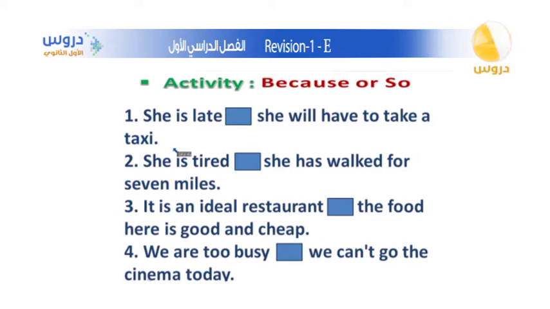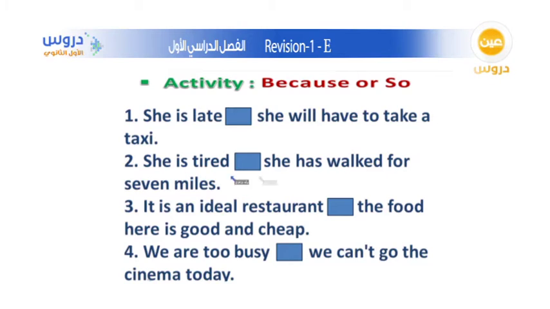What about number three here? It is an ideal restaurant, so or because the food here is good and cheap. All right, you, Mr. Ahmed, are saying so. It is an ideal restaurant, so the food here is good and cheap. What about you, Miss Dahlia? You're saying because.